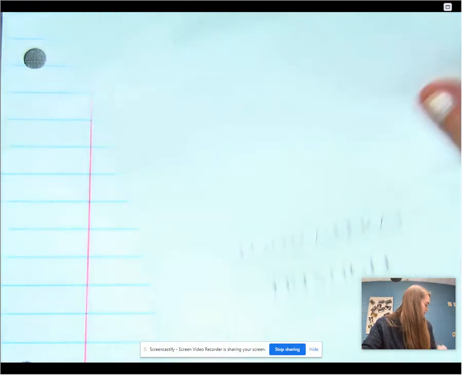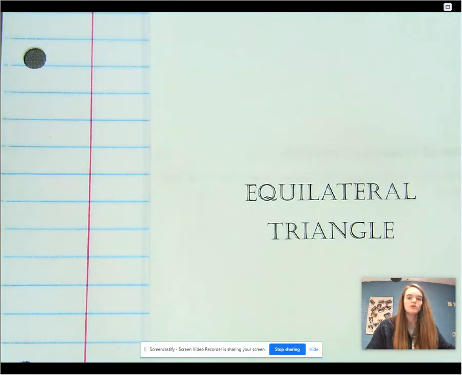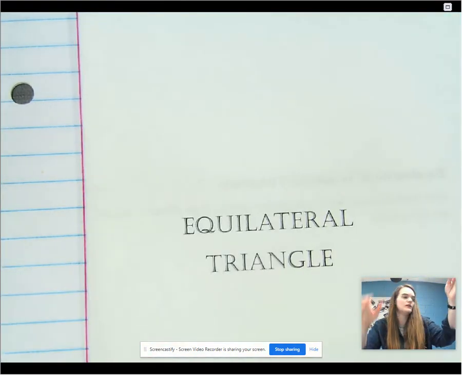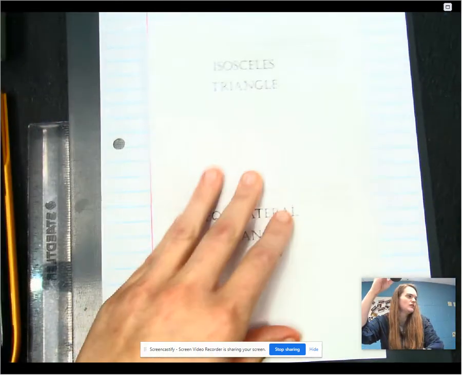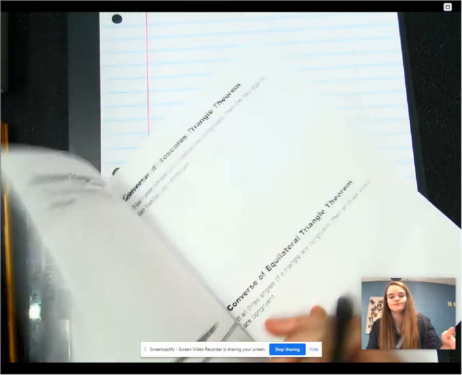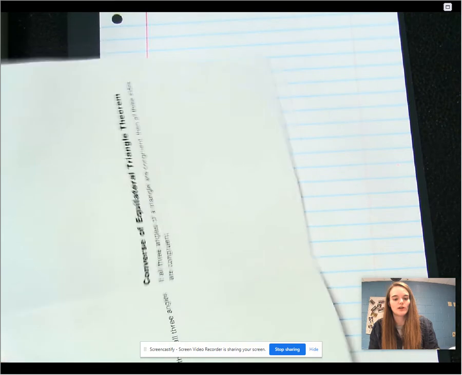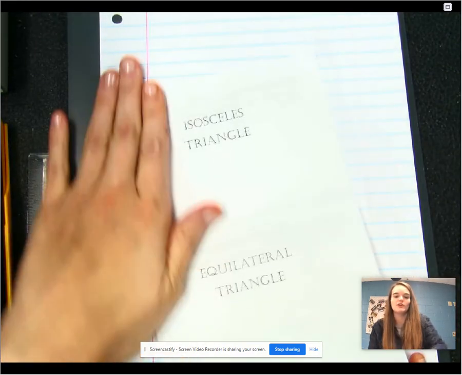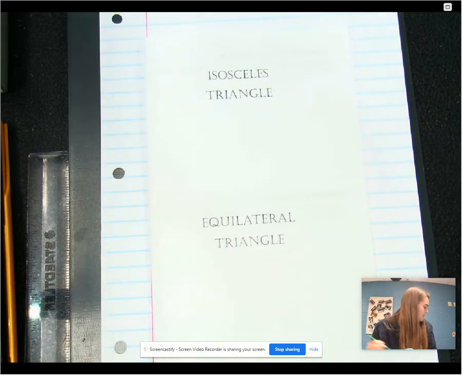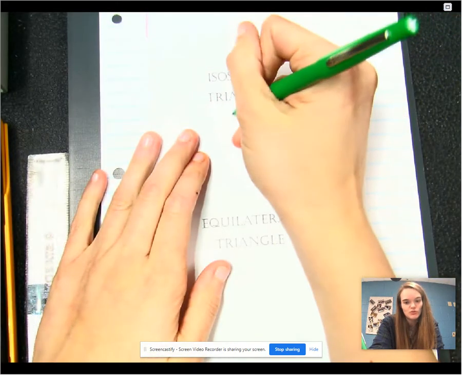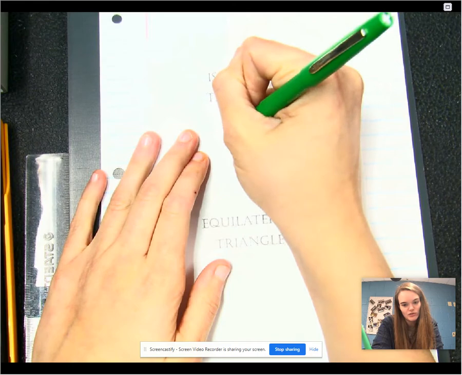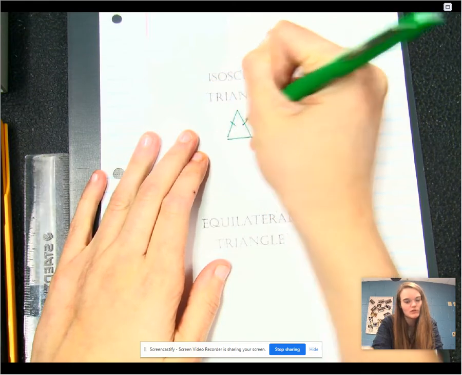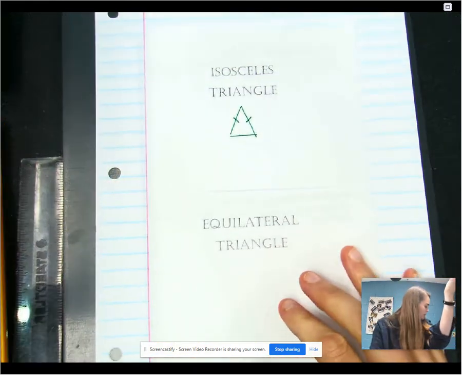Alright, so we got an isosceles, and we got an equilateral triangle. We're going to do the definitions on the front of this foldable. So I've got this foldable, and I'm going to cut it like this. So I've got isosceles and equilateral. So isosceles, which you should already know, is a triangle with two congruent sides. So we're going to write that definition.